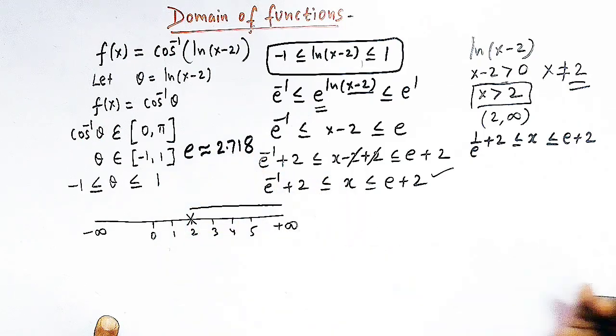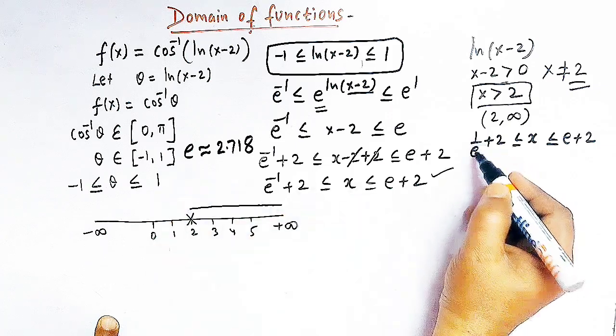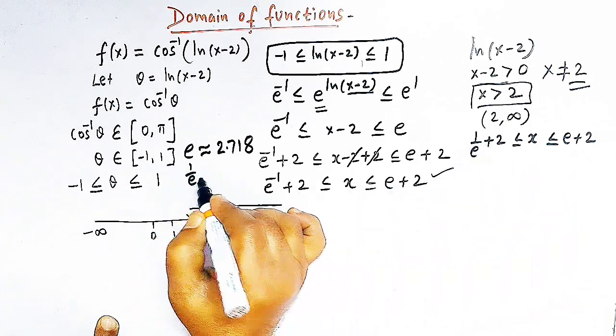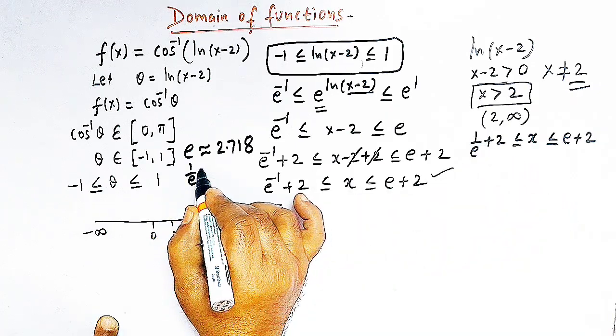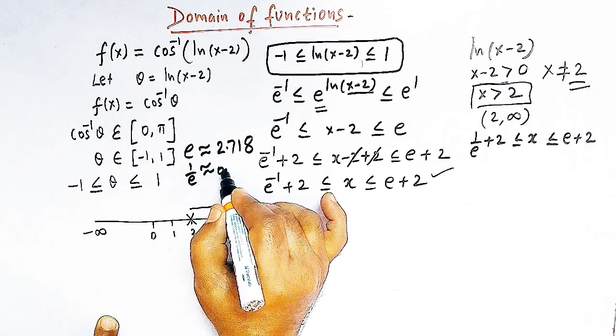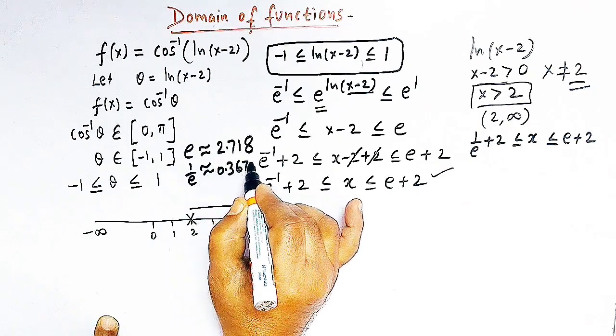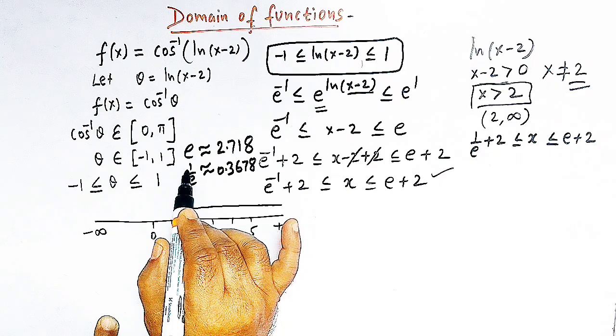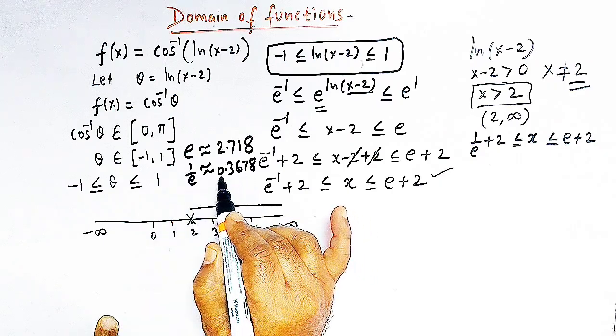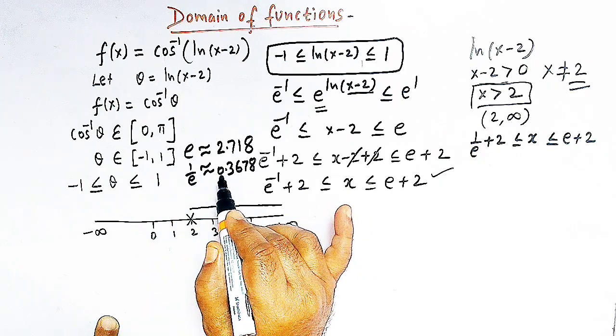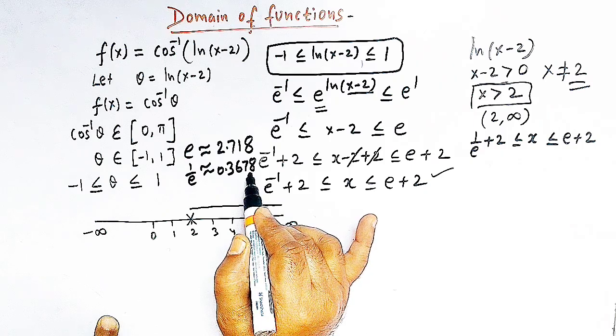2.718, right? And 1 over e can be written approximately as 0.3678. So we can divide 1 by e, and we get the approximate value 0.3678.